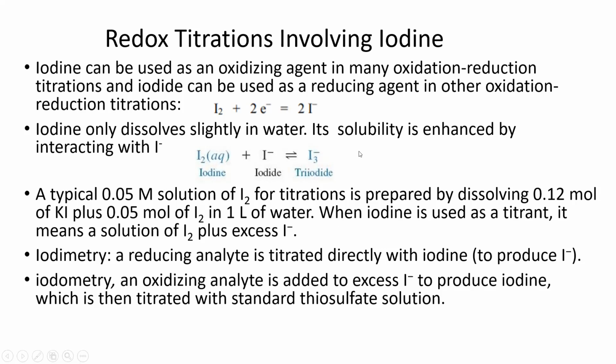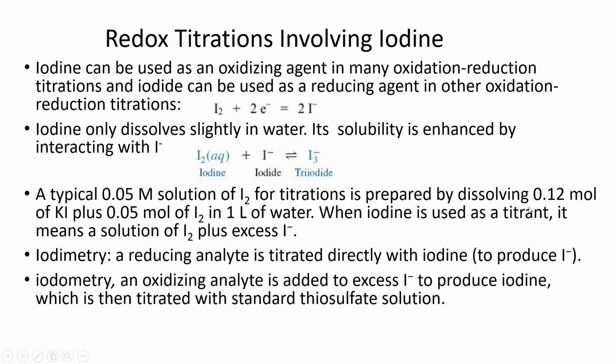And we have two types of reactions that involve iodine. We have what we call iodimetry, where a reducing analyte is titrated directly with iodine, and that will produce iodide ion. Then we have iodometry, where an oxidizing analyte is added to excess iodide ion to produce iodine, which is then titrated with thiosulfate solution.